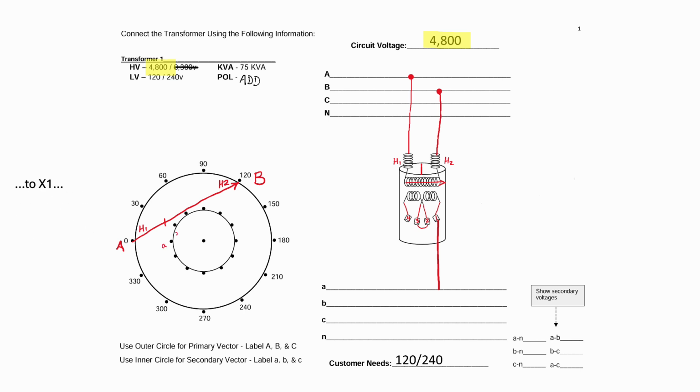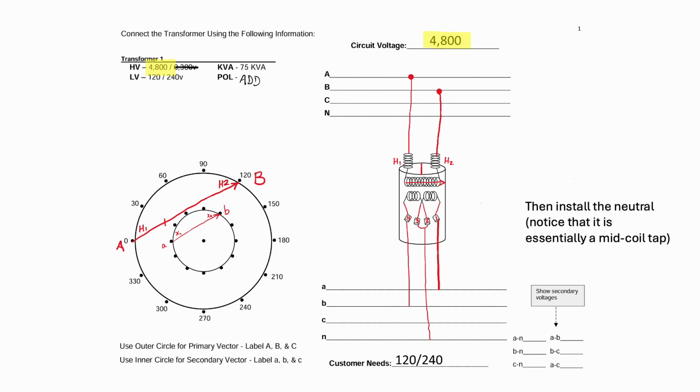Connecting A to X1, becoming common with the secondary coil. And the other side of the coil, X4, will connect to B over here at the transformer. Likewise, we'll represent that on the vector wheel.